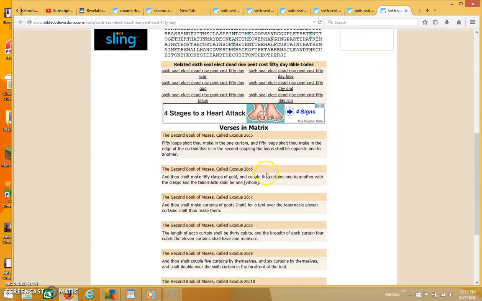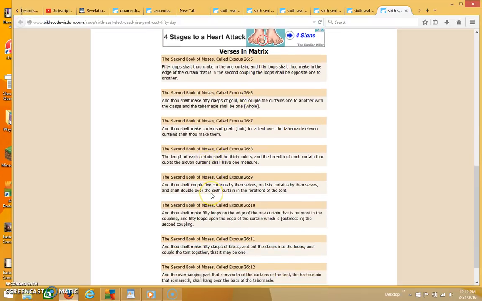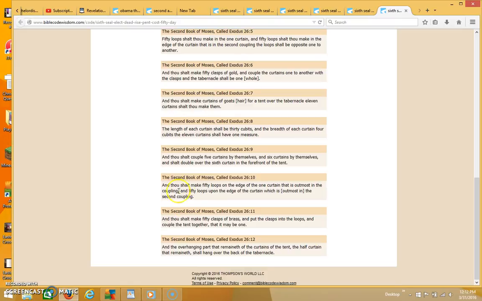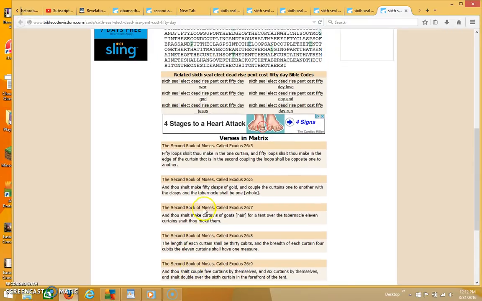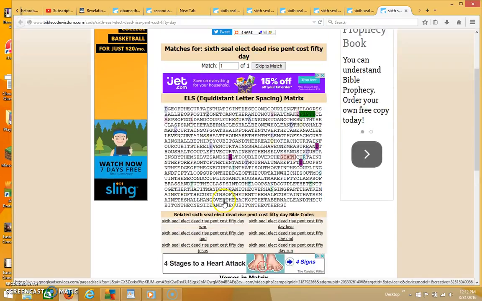Okay, and this is coming up in Exodus 26, and I'm not sure if I need to read the whole matrix for this one. It is talking about the tent, the tabernacle, and how it was supposed to be designed over here.